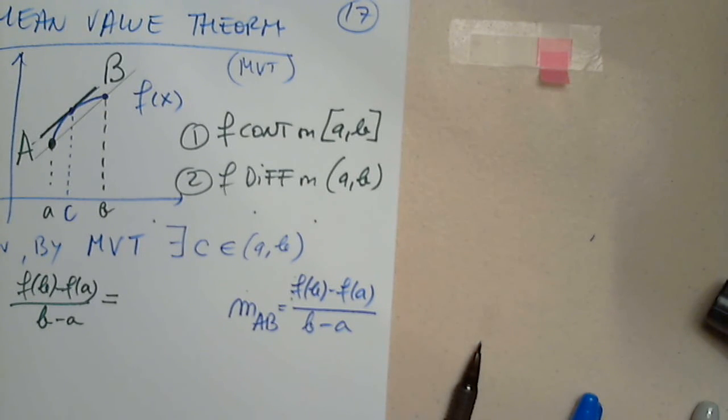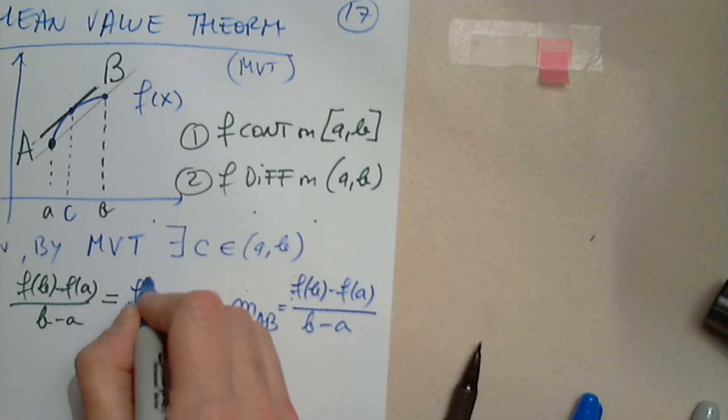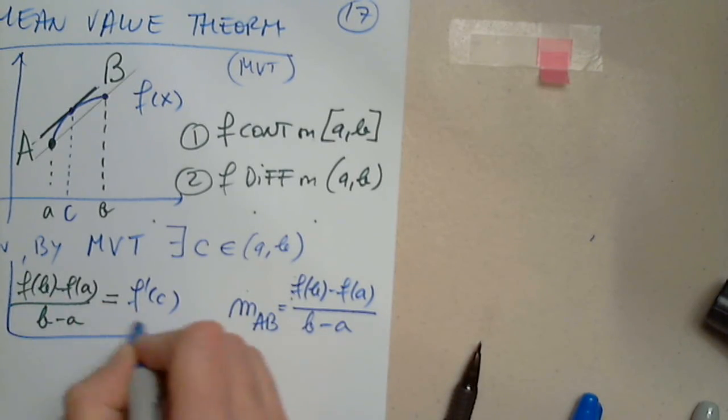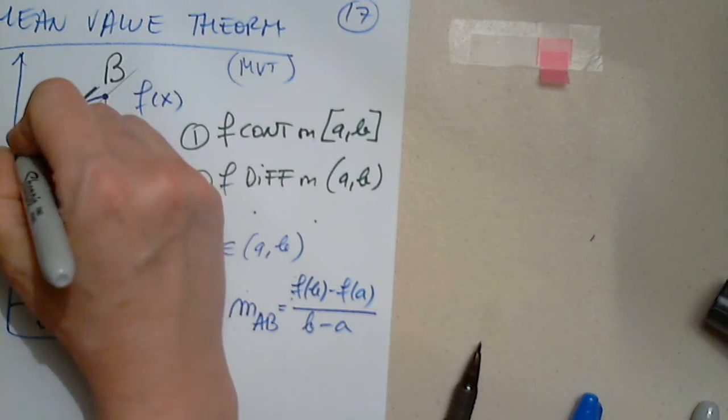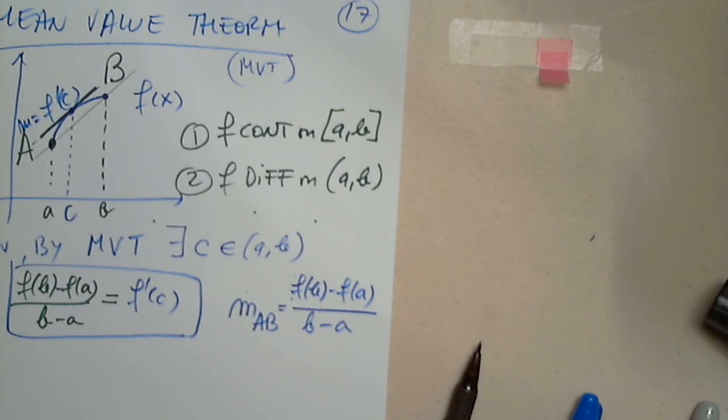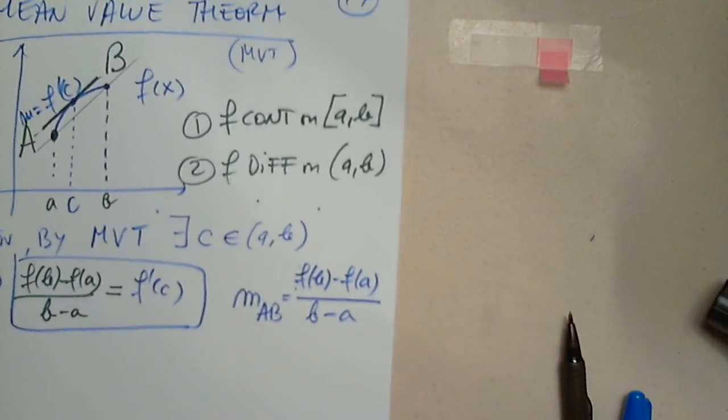F prime of c. Thank you very much. Very good. Of course, the slope of the tangent line at this point must be f prime of c.